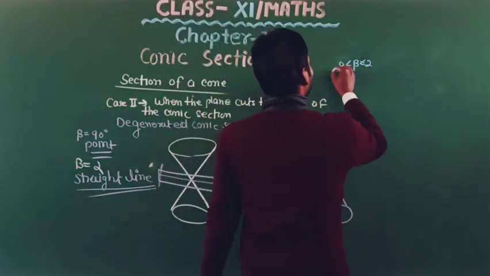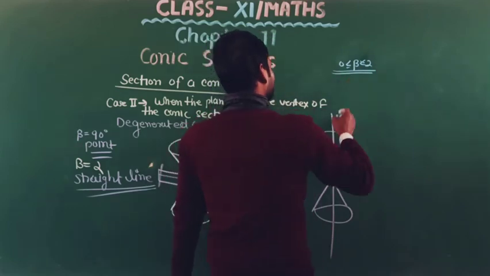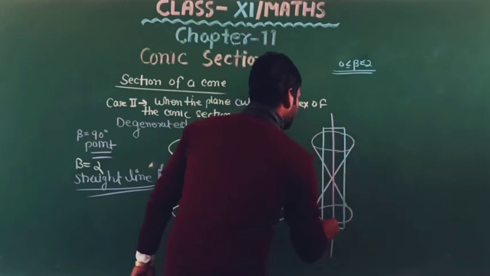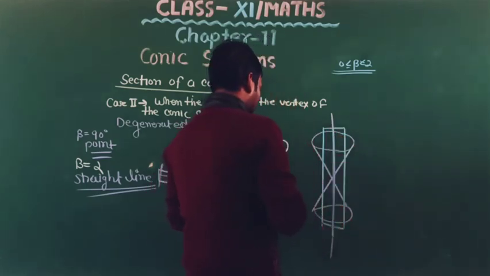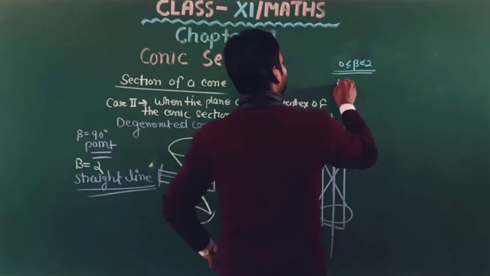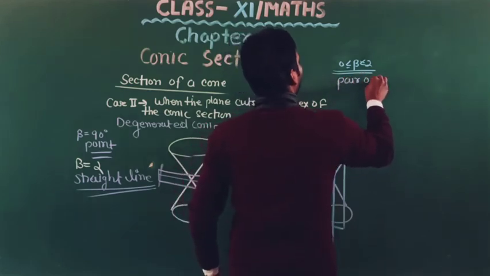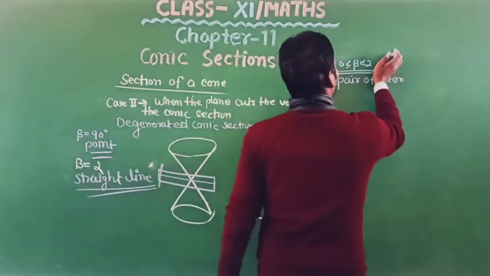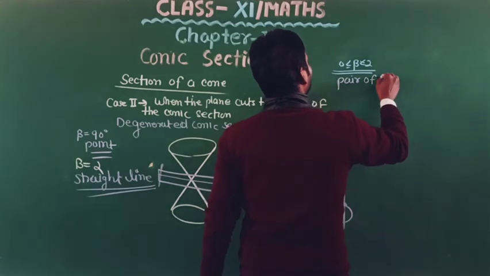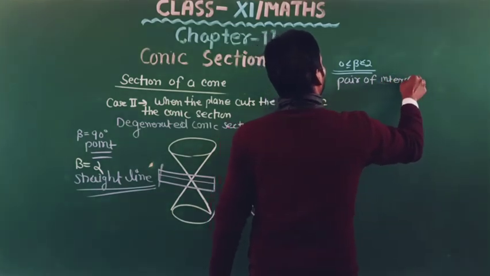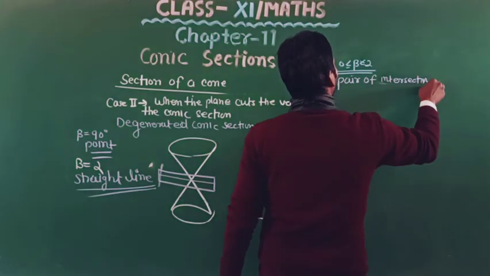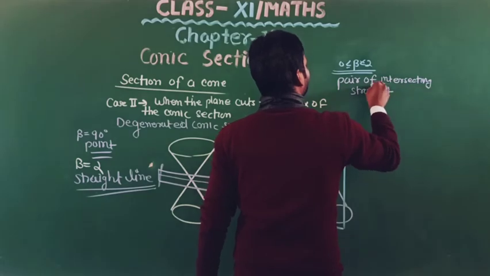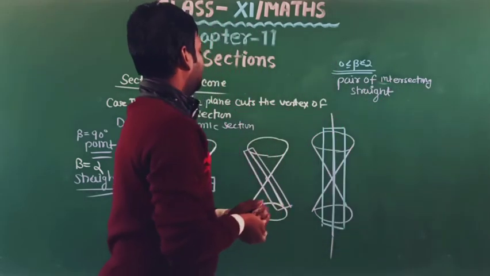But at the vertex, the section obtained is a pair of intersecting straight lines.